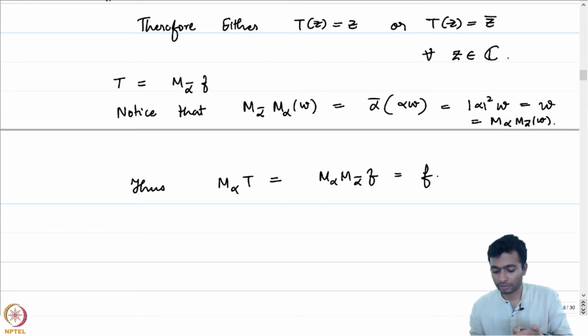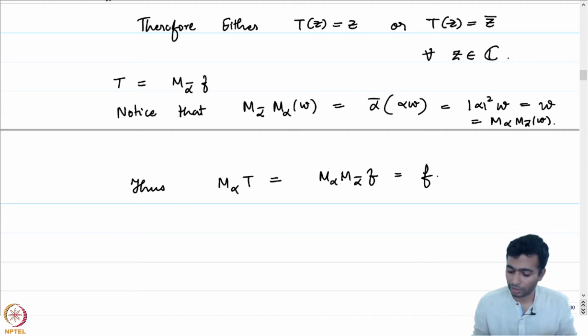We have recovered what F is by composing our linear map T with M alpha.